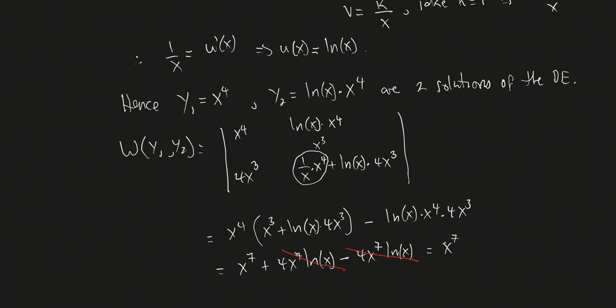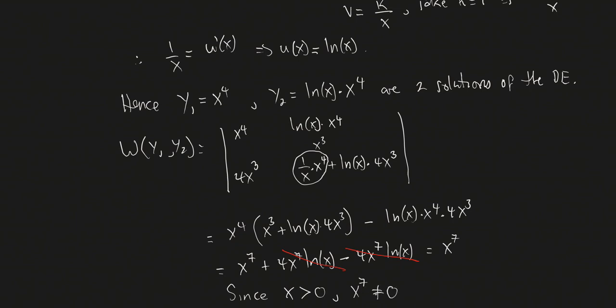Well, again, this is where our interval of existence comes into play. Since x is greater than 0, x to the seventh is never equal to 0, right? So if x is a positive number, then x to the seventh is always going to be a positive number, right?